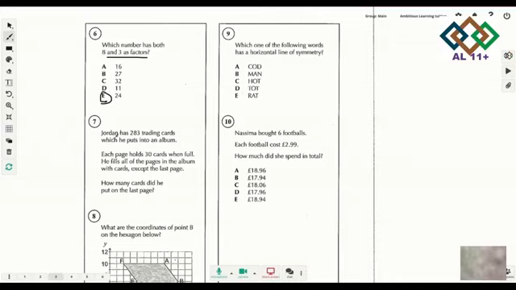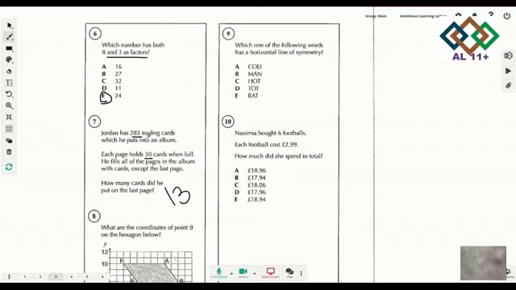In number 7, they asked you, Jordan had 823 trading cards which he puts in an album. Each page holds 30 cards when full. He fills all the pages of the album with cards except the last one. How many cards did he put in the last page? For this one, your answer would be 13.